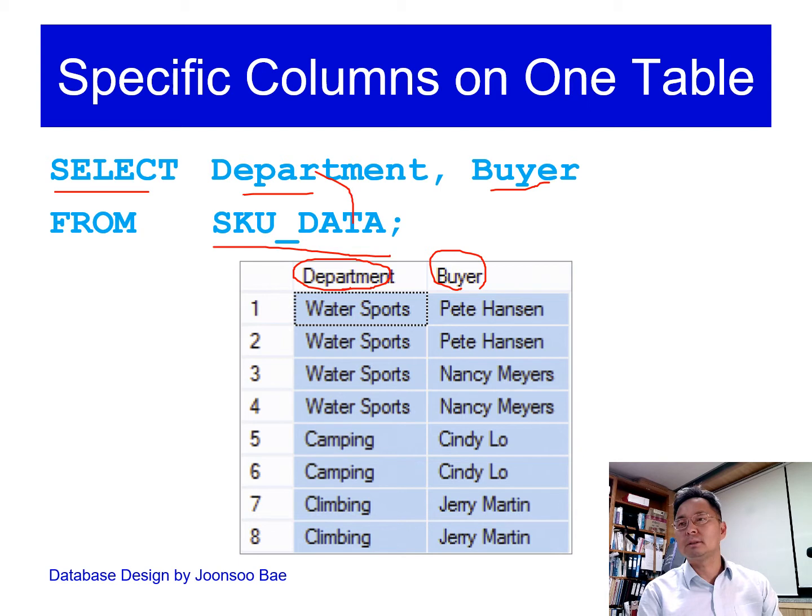The result also has department and buyer. And there is no where clause here, so that means there are no conditions to search these data. So all of the data, 8 rows, will be searched from this SQL statement. That's the first example. This is specific columns on one table.